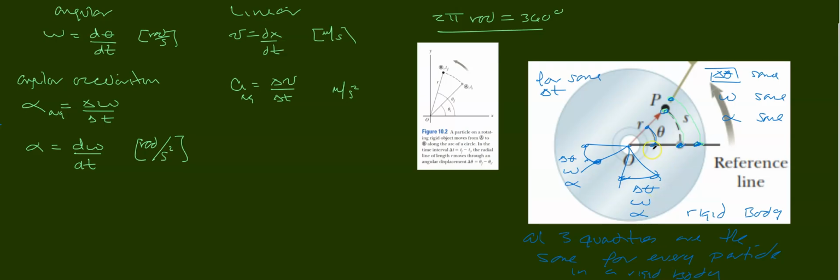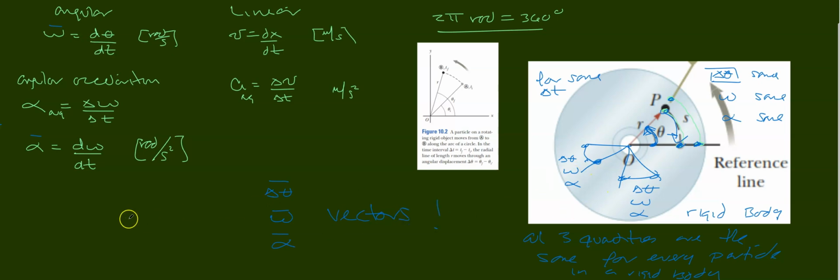Now, another important thing to consider is that this is going in this direction, as opposed to going in the opposite direction. So you see how direction is important, and that means angular displacement, velocity, and acceleration are vectors, right?